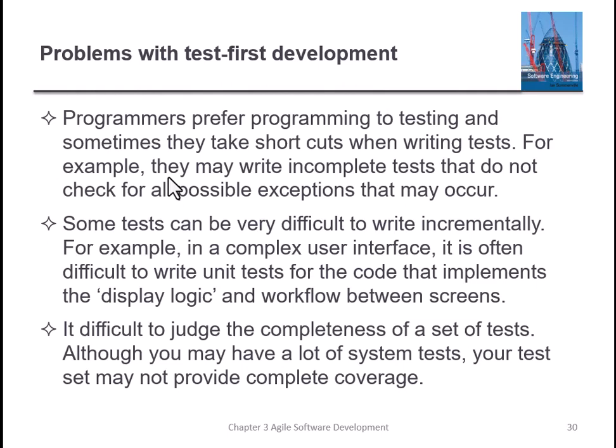For example, in a complex user interface, it is often difficult to write unit tests for the code that implements the display logic and workflow between the screens. It is also difficult to judge the completeness of a set of tests. Although you may have a lot of system tests, your test set may not provide complete coverage, and that becomes a difficulty.